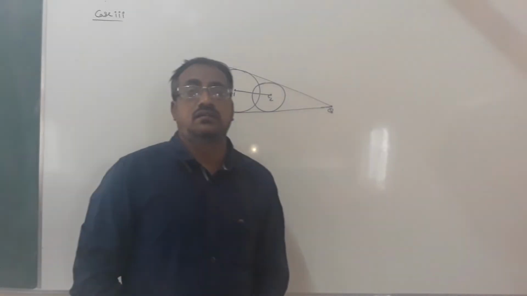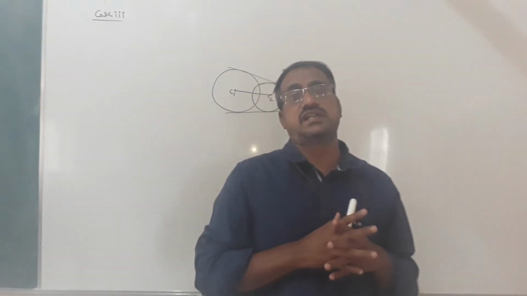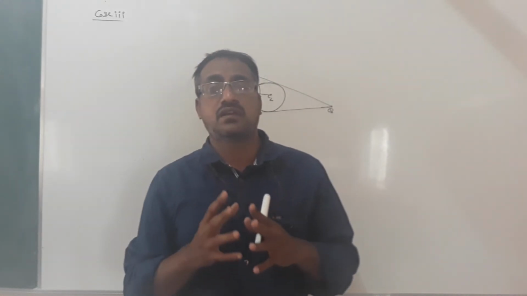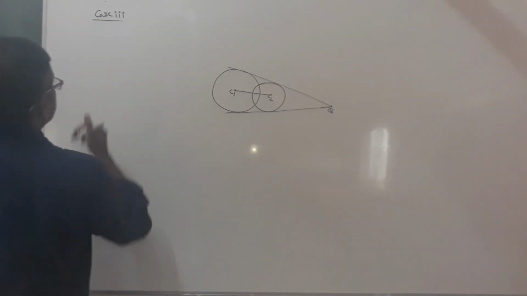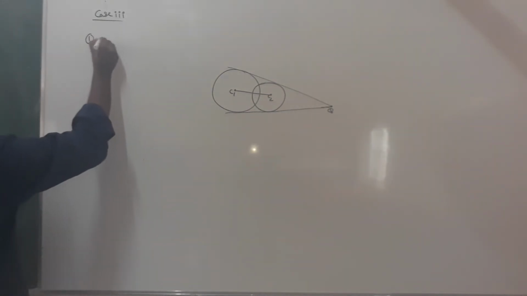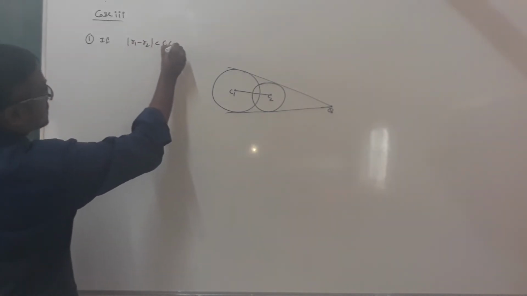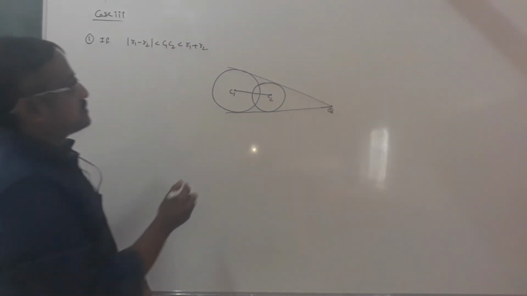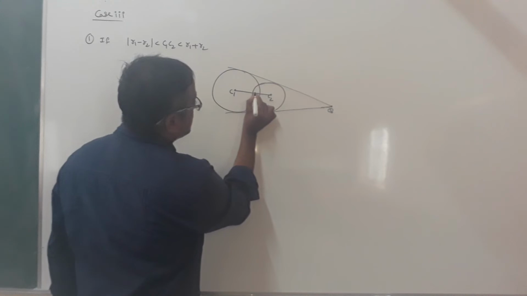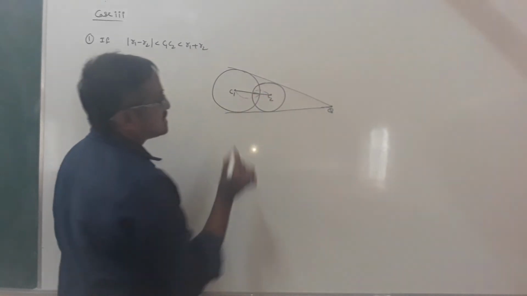Next, case 3. Here the two circles are intersecting each other. Very important concept for objective type exams. Now if mod R1 minus R2 is less than C1 C2, which is less than R1 plus R2, you can see this is mod R1 minus R2 because this distance is R1 and this distance is R2.